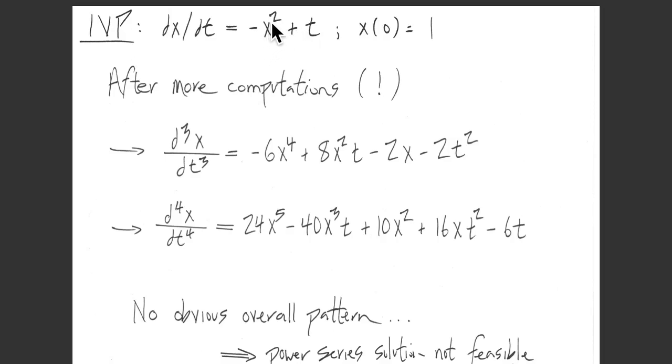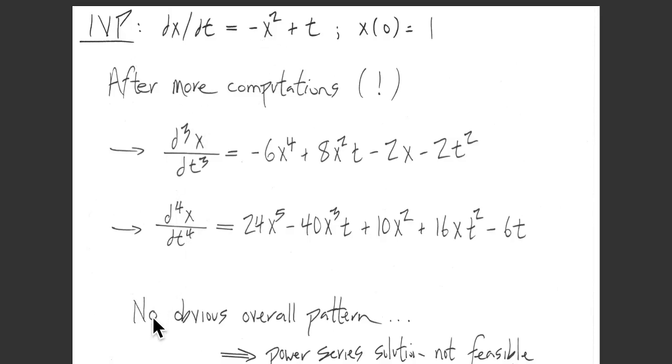That negative x squared makes our problem nonlinear in the variable x. And that's going to cause a lot of these complications that we've seen to just build up as you take higher and higher derivatives. So it's not that you can't take higher and higher derivatives. It's just that they get more complicated as we go on because of this nonlinearity.